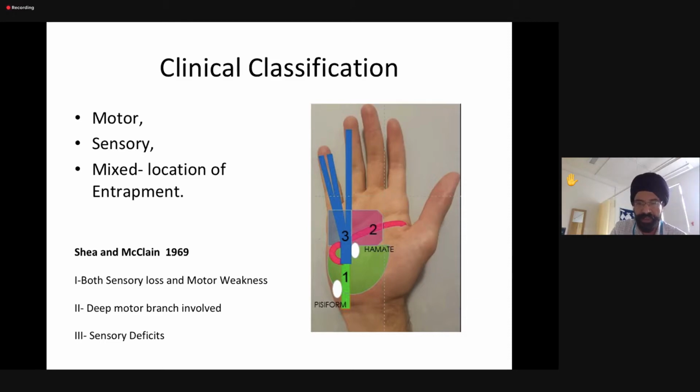Zone 2 is where only the motor branch is involved, and zone 3 will give sensory deficits because it only involves the superficial branch. So motor is the area where the deep branch is involved. Exclusively sensory is the zone where the superficial branch is involved, and any pathology in zone 1 involves both sensory as well as motor components.